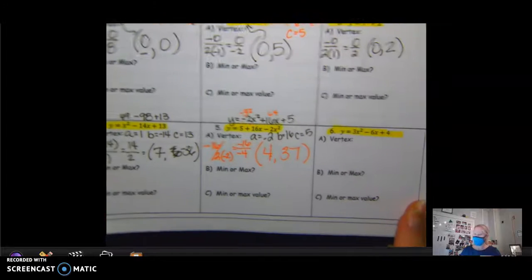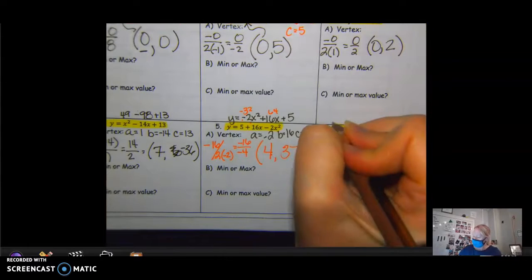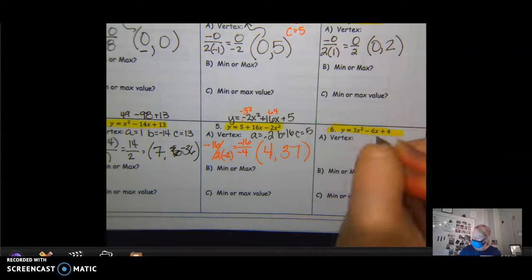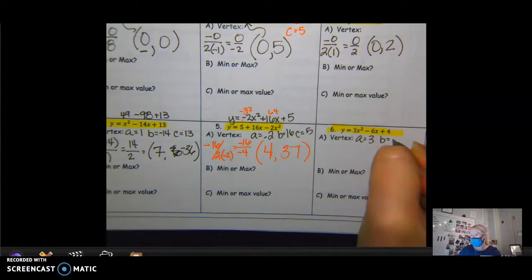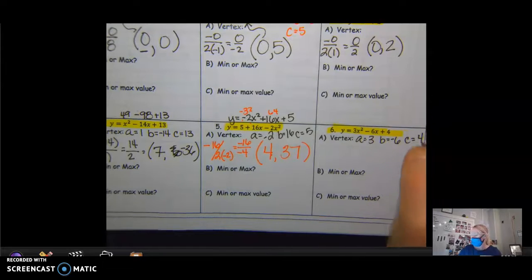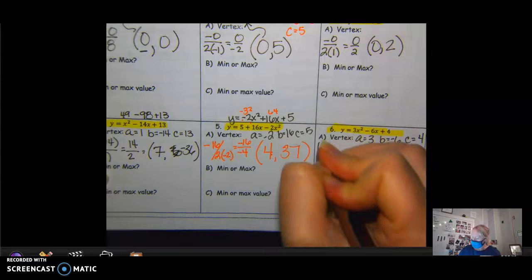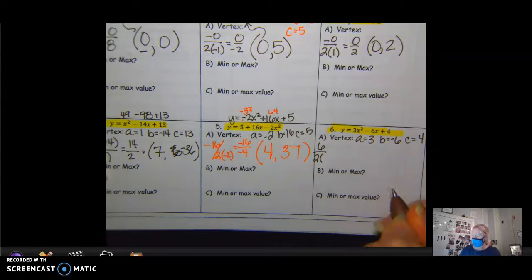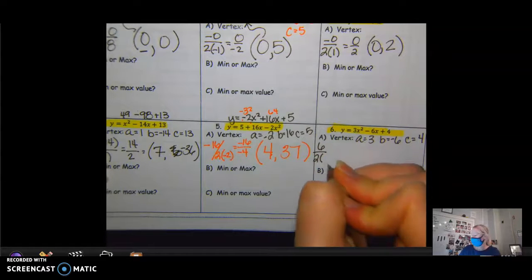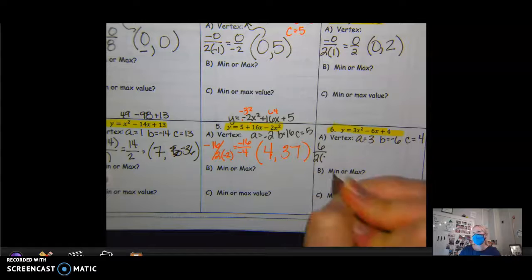All right, one more. What's your A value on 6? What's your B value? Negative 6. What's your C value? Opposite of B. What would opposite of B be? Positive 6. All over 2 times what? 3.